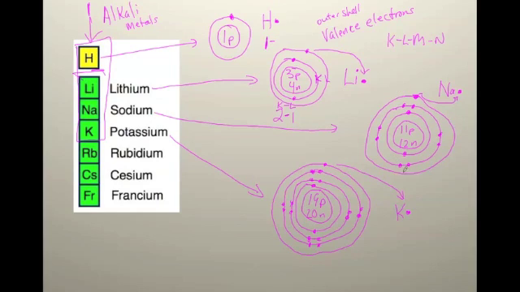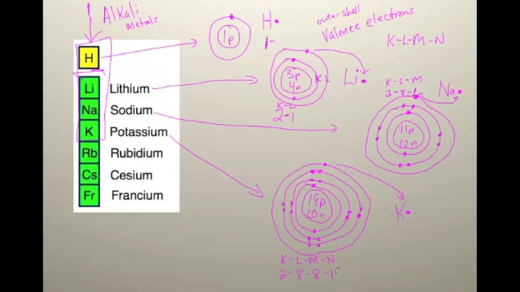For sodium, you have K, L, and M shells. You have 2 electrons in the innermost shell, 8 in the L shell, and 1 in the M shell. And for potassium, you'll see we have K, L, M, and even an electron on the N shell, but same thing. You have 2 on the inner shell, 8, 8, 1.